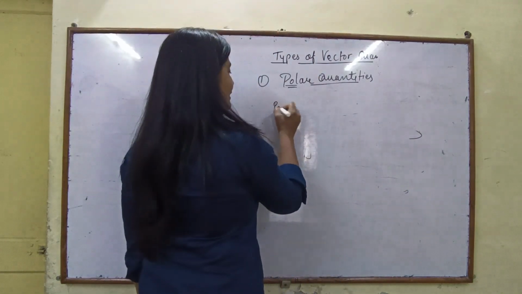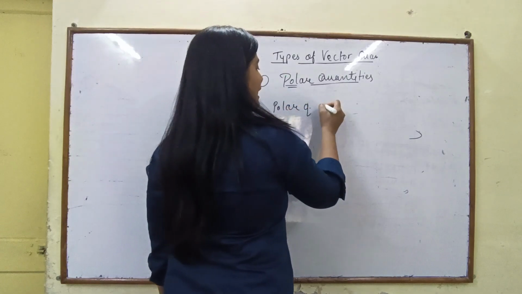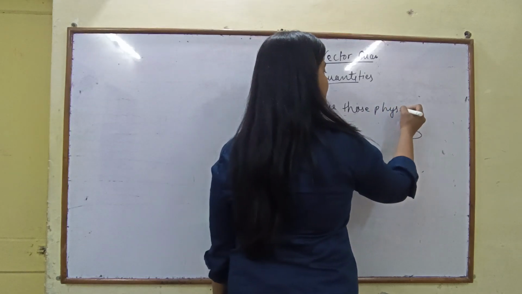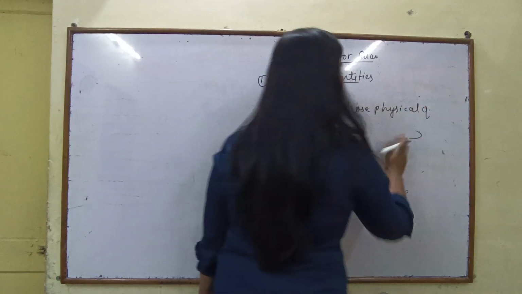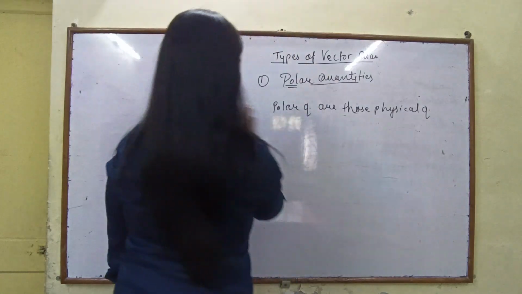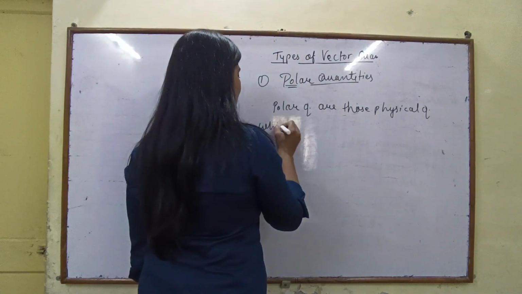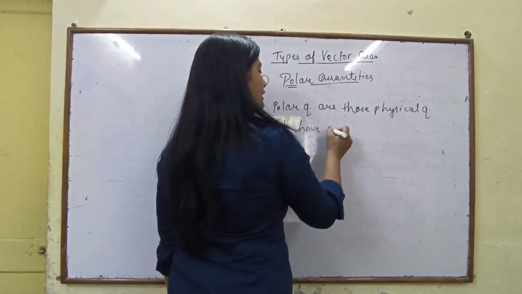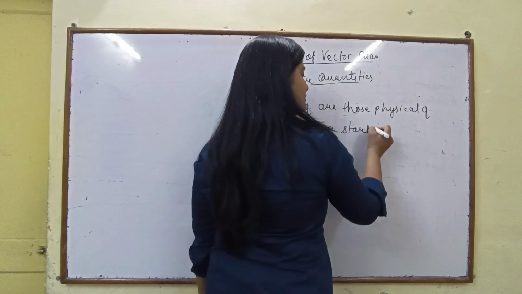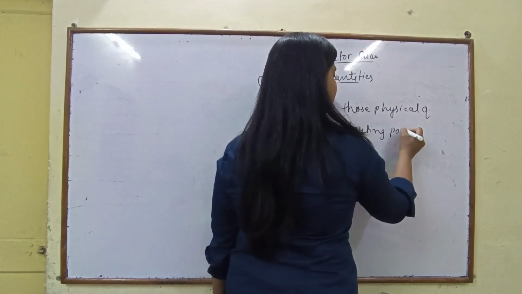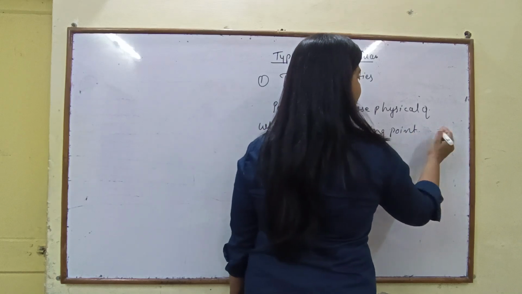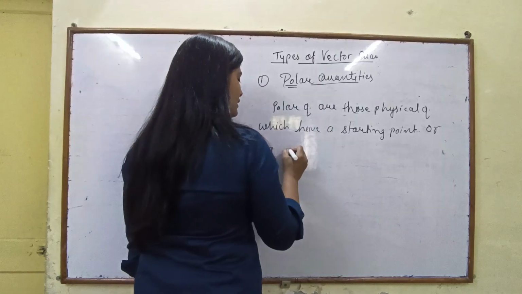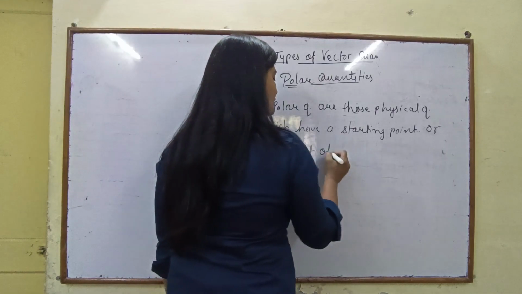We can express them in another way. Polar quantities are those physical quantities which have a starting point or a point of application.